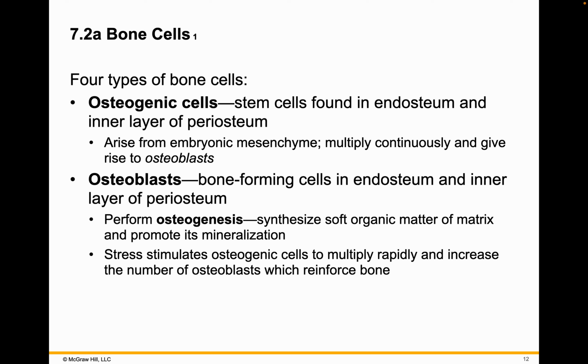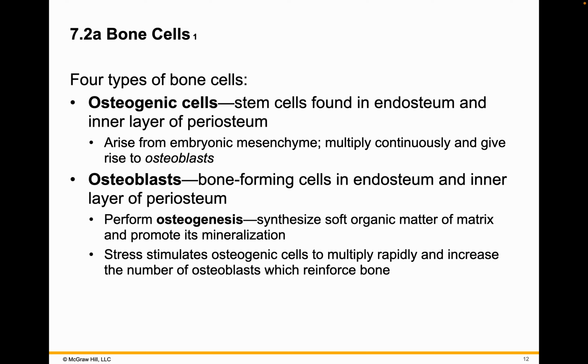There are four major types of bone cells. There are osteogenic cells, which are stem cells found in the endosteum and the inner layer of the periosteum. They arise from embryonic mesenchyme. They can multiply continuously, and they can differentiate to become an osteoblast. An osteoblast is a bone-forming cell in the endosteum, in the inner layer of the periosteum.